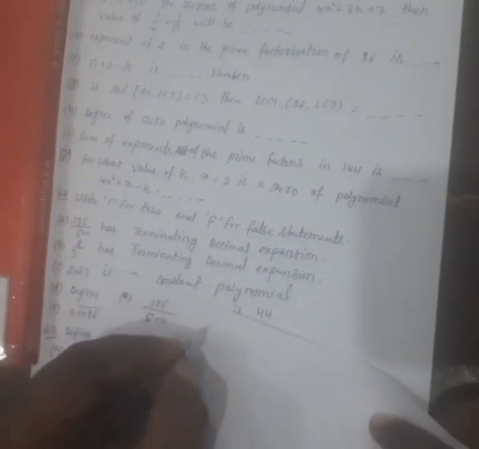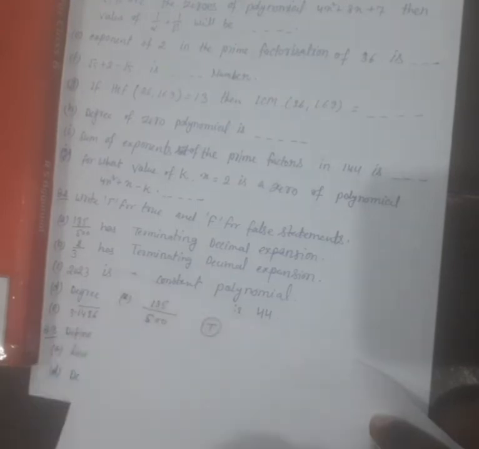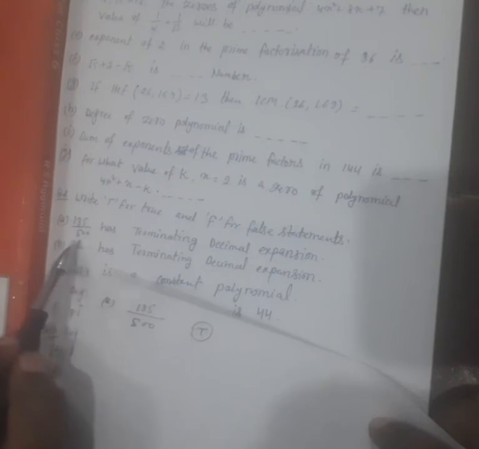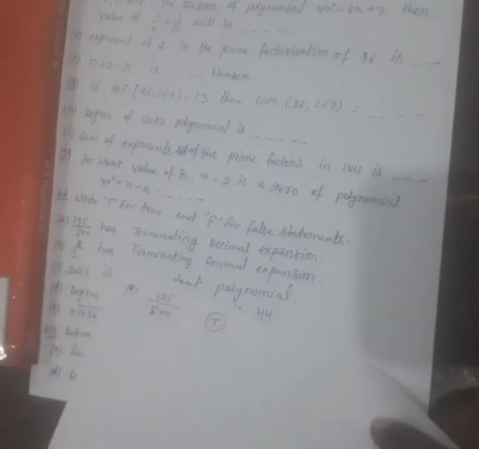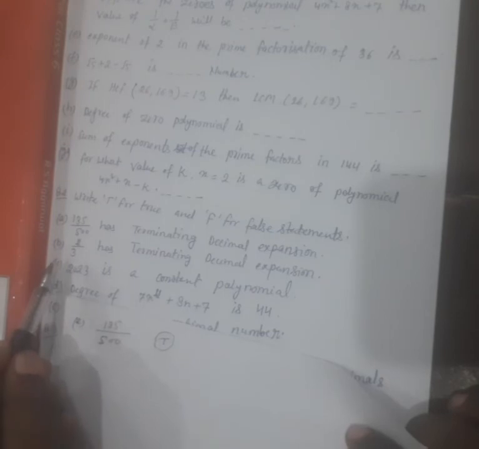So it's the right option, true option, it's a terminating decimal expansion, because if you see the prime factors of this 500, there is only 2 and 5 there, and I have told you that if the prime factors of the denominator are only 2 and 5, then the decimal expansion is terminating, otherwise it will be repeating. So let's see, moving to the next, this is false, this is true.